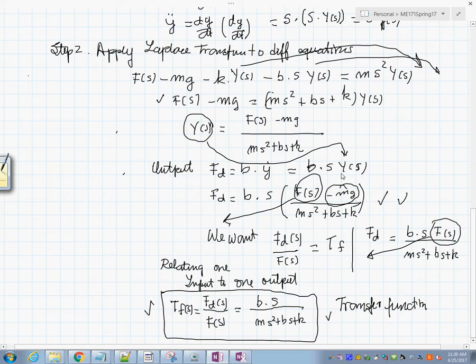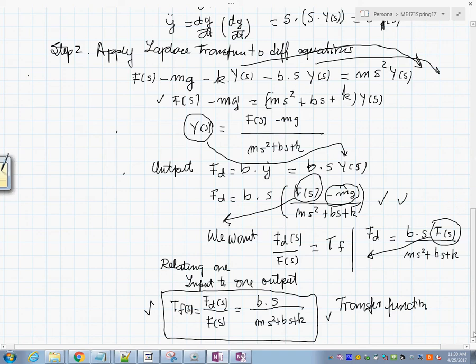If we were to find the transfer function with respect to the weight, which we can, then the other input, F of s, would have to be ignored. So in this case, we ignore the weight and let the other stand, and that's how we got the transfer function.